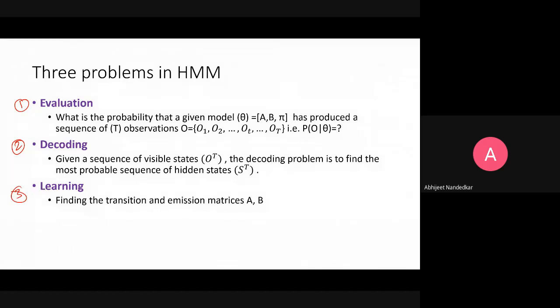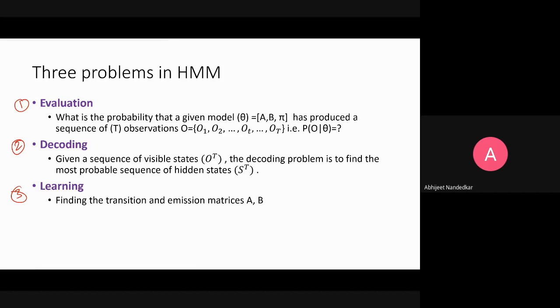The first one tells you the probability, given a model theta, that is, we are providing you matrix A, matrix B and the initial state pi. This has been given to you.